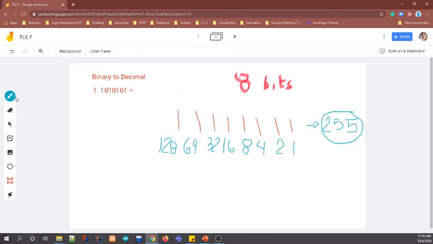Ang binary kay base 2. Okay, let's start. Magsugod ta sa right ha. 1, 0, 1, 0, 1, 0, 1. So, it's not mandatory na 8 bits gud na siya.